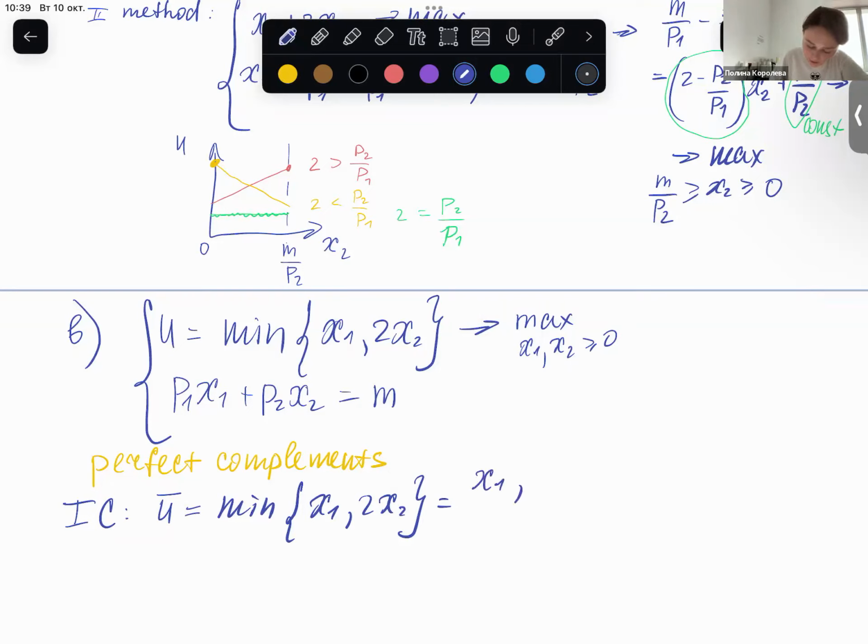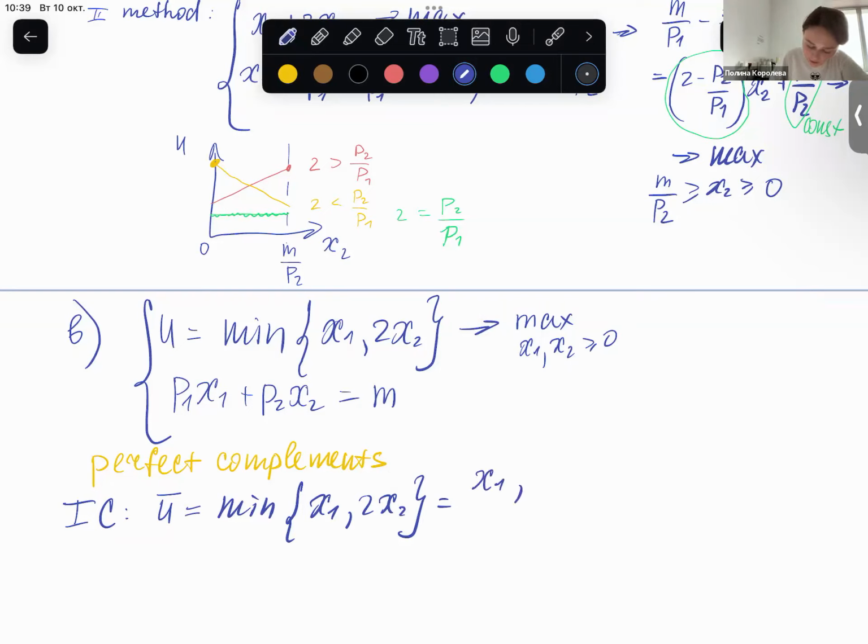So our indifference curve consists of two parts. Let's draw it. X1, x2. And let's put this point when x1 equals 2x2. So we have two areas, two parts. So x2 equals x1 over 2. The slope is 1/2, so it will look like this. This is the line here, 1/2.